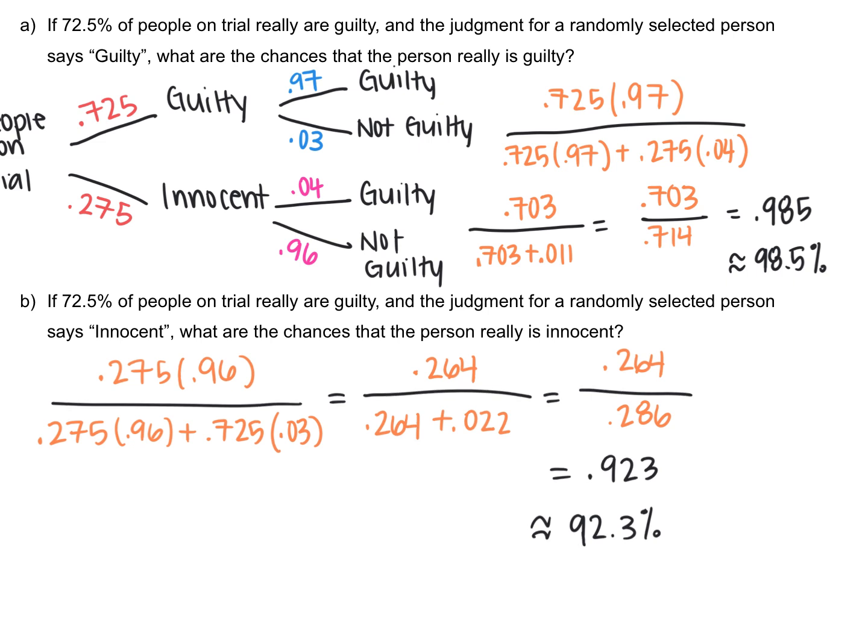So still pretty high. Comes back innocent, you really are innocent, 92.3%. So slightly smaller percentage than if you are guilty and it comes back guilty, but still in the 90s. So I'd still say that this court is a pretty good court.